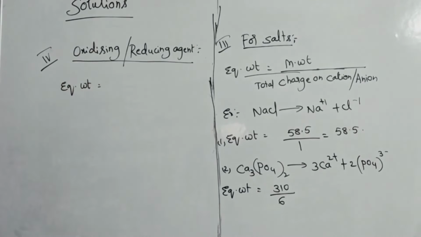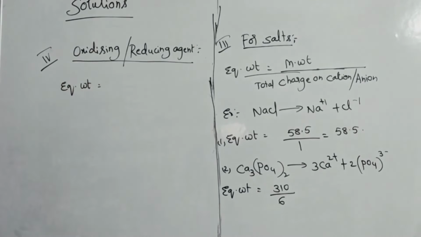Please remember this formula also. Sometimes they will ask you to find the number of milli equivalents. Then you have to find normality into the volume of solution given, in milliliters. So how to find normality?